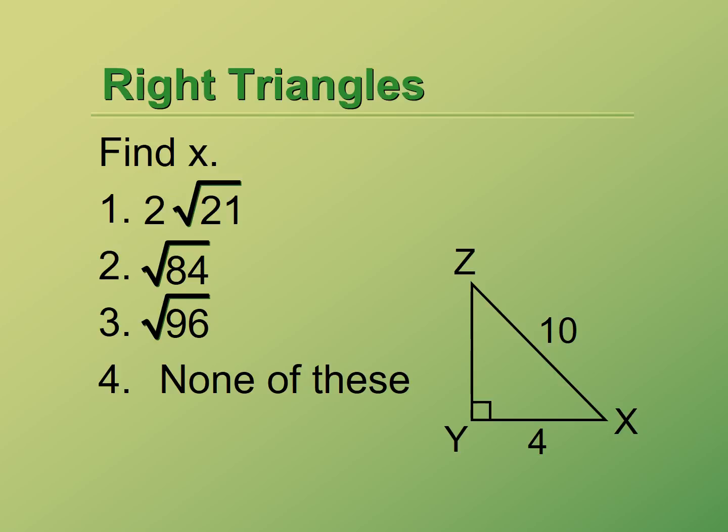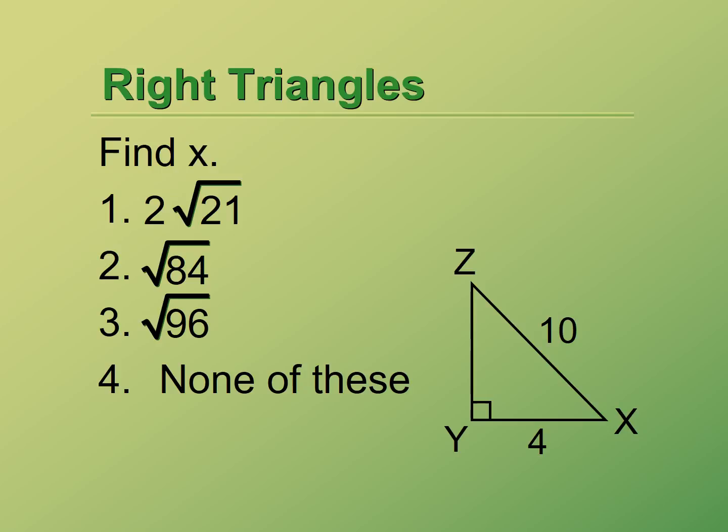Okay, here is another example where we want to find a side. So we're trying to find side x. So we're given one leg and a hypotenuse. So that means that we can use the Pythagorean theorem, except we're trying to find a leg: 4 squared plus x squared equals 10 squared.